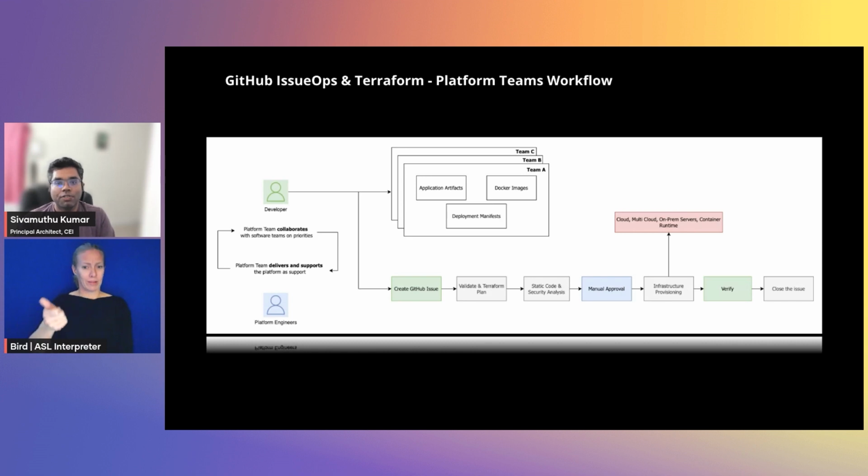So there are different approaches for building this self-service platform engineering workflow. Terraform Enterprise has it, and you can use GitHub IssueOps or any other automation tool to integrate with Terraform. Basically, this helps the platform engineering team get the request and then provision the infrastructure.